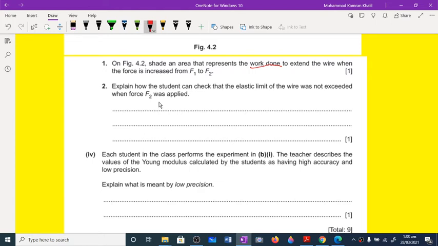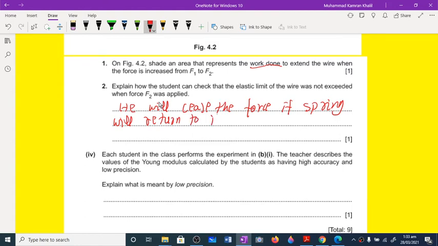So how can the student check? He will release the force, and if the spring returns to its original size, original position, then it means that it has not crossed its elastic limit.